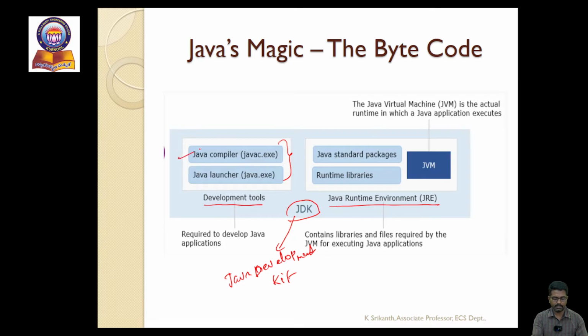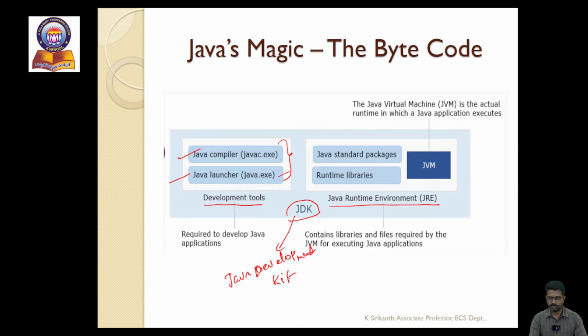One is the Java compiler, which is javac.exe. The other one is the Java launcher, which is java.exe. So javac.exe is used to compile .java programs to get byte code, and the byte code is given to the Java launcher to convert it into machine code, that is the binary form of the language.